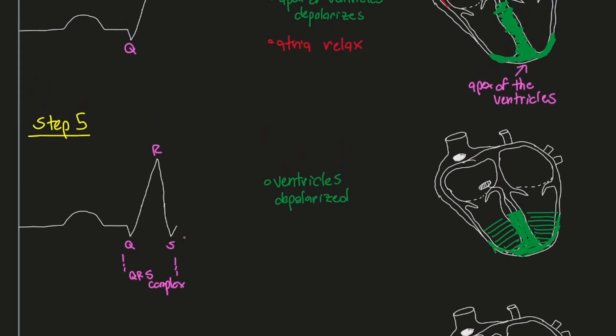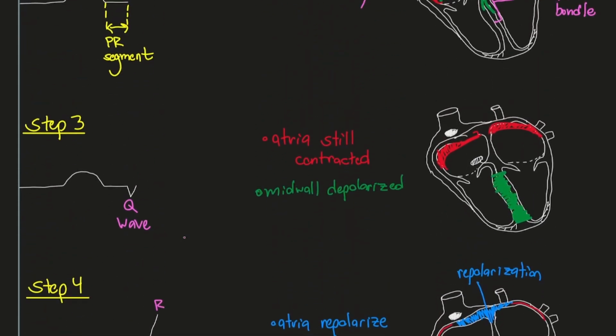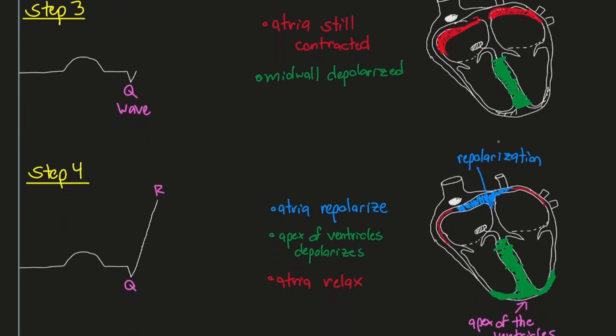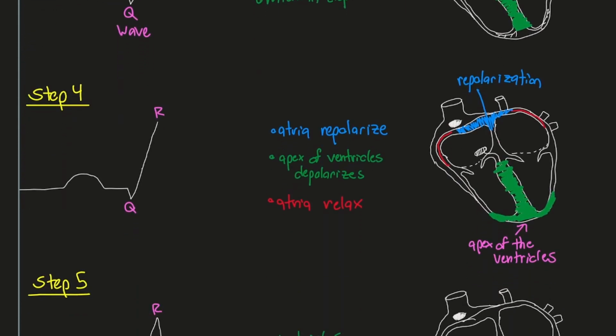So we'll go back up here to step 3, which still has our atria contracted and our midwall is depolarized. So what does our Q wave indicate? There's still contraction and our midwall is depolarized, the highway between our atria and our ventricles. Step 4 is showing us that the atria is repolarizing, which, to put lightly, is a side event that we will not focus on here. We are looking solely at our ventricles.